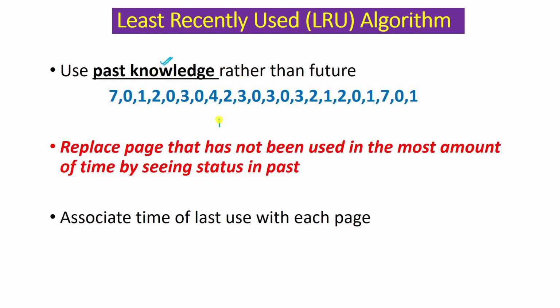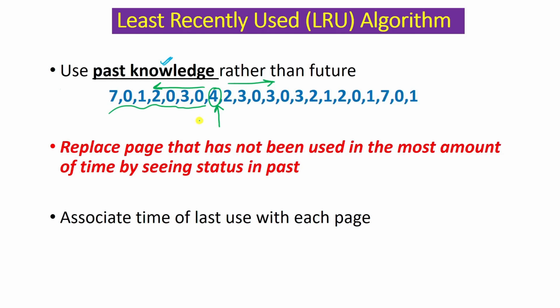That means if we are at a particular page and we have covered all these page numbers, which have been allocated frames, then at 4 we will look in this direction and ask which page should I replace. Optimal looks into the future, but LRU looks in the backward direction, at the past pages.